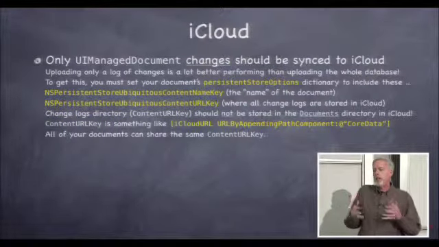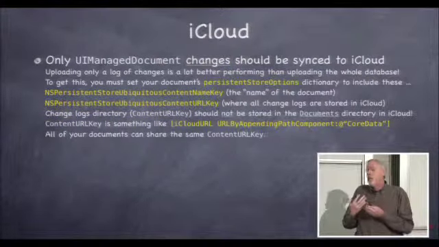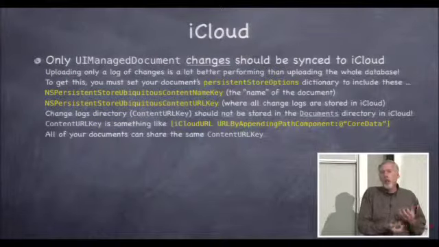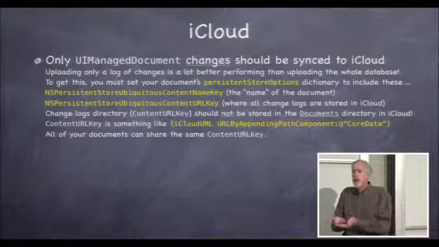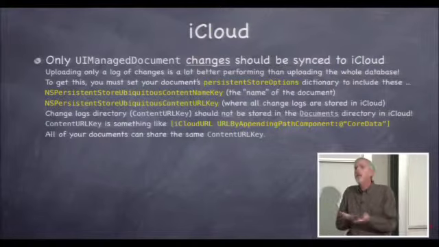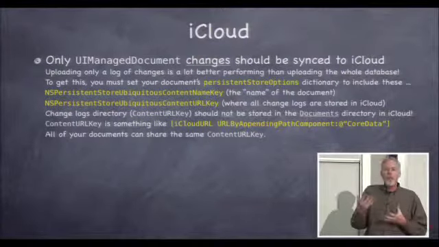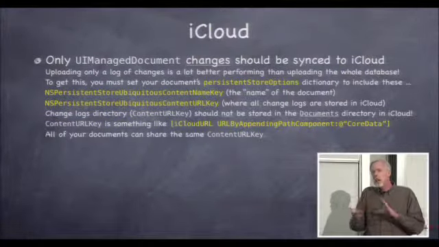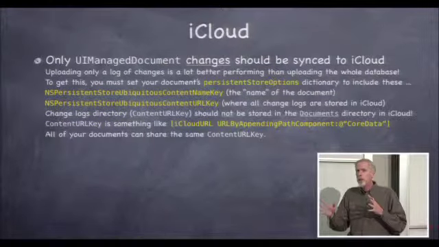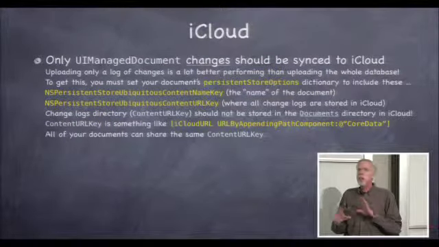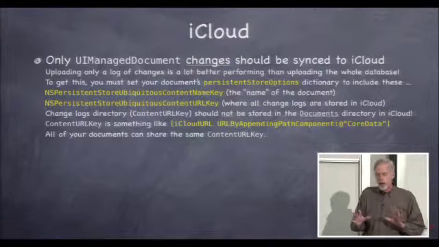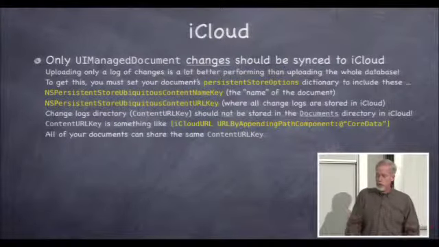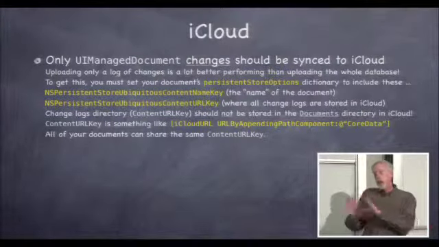It might be a name that you calculate internally, or it could be the name that the user chooses in the UI. You might be a little bit careful about having really wacky characters in there because it is possibly going to be a file system thing. I'm not 100% sure what the limitations are, but it's the name of the document.